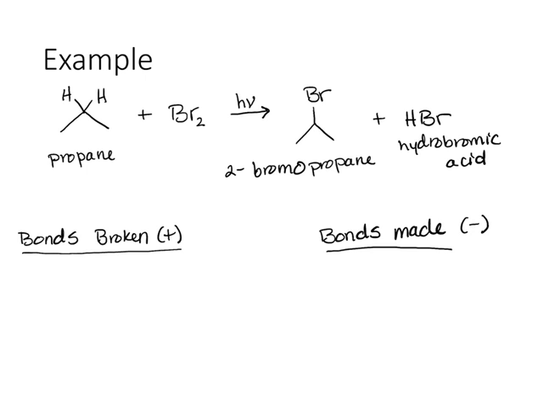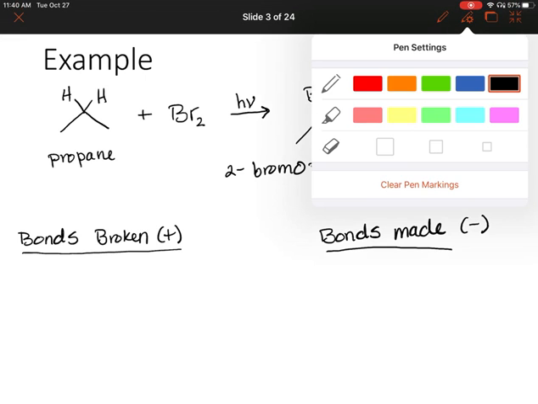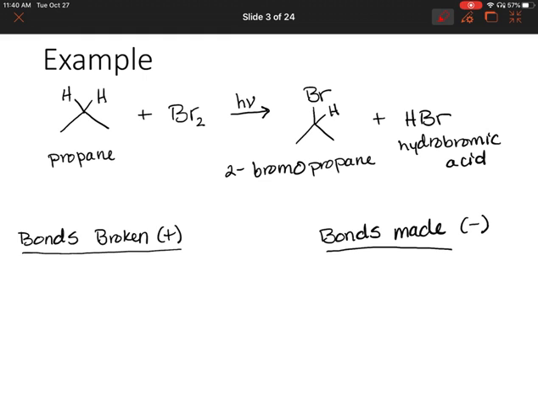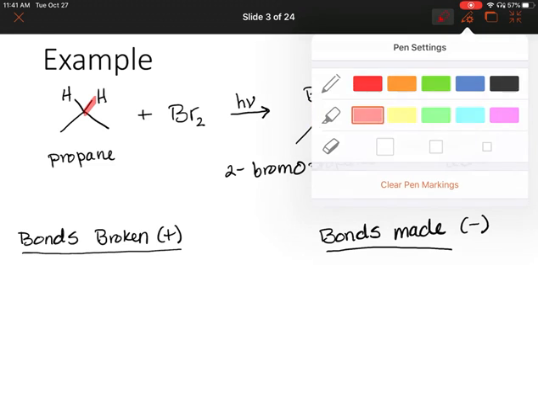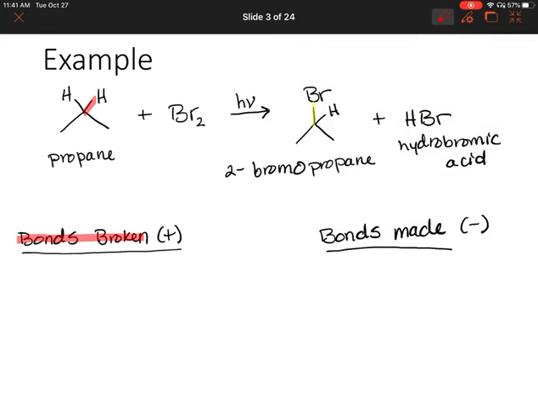And on 2-bromopropane, remember there's a hydrogen here that we're just not drawing because this is a bond line structure. So it looks like we had to break one of the carbon-hydrogen bonds on propane in order to make the carbon-bromine bond on our product. So I'll use red highlighter for bonds that are broken. So I'll just highlight this down below, and I'll use yellow highlighter for bonds that are made.